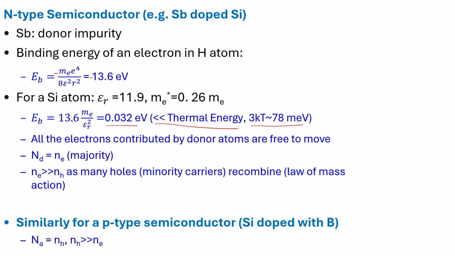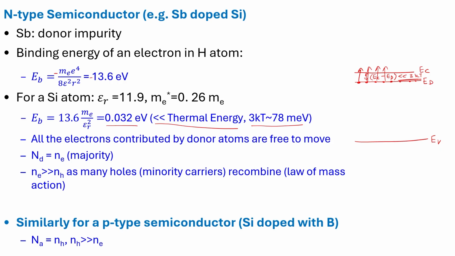Energetically, what it means is that if you have this as EC and this as EV, then the donor atom creates an energy level here. This difference EC minus ED is smaller than 3 kT, which means every extra electron here will be able to be excited.